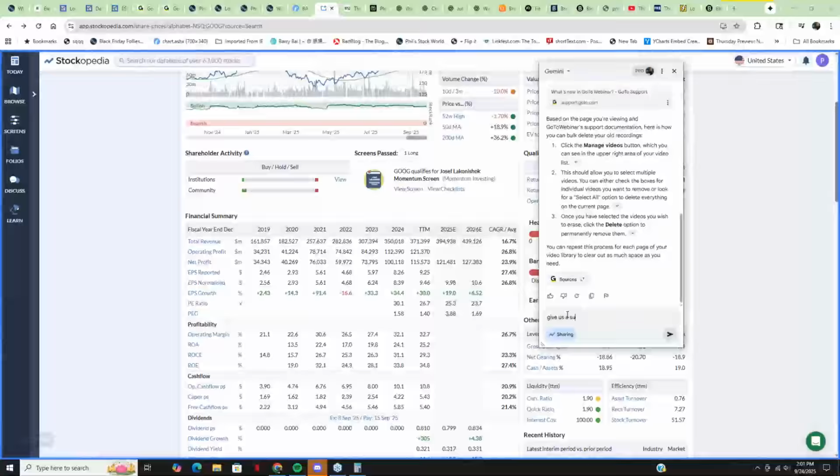Give us a summary of Google's financials.